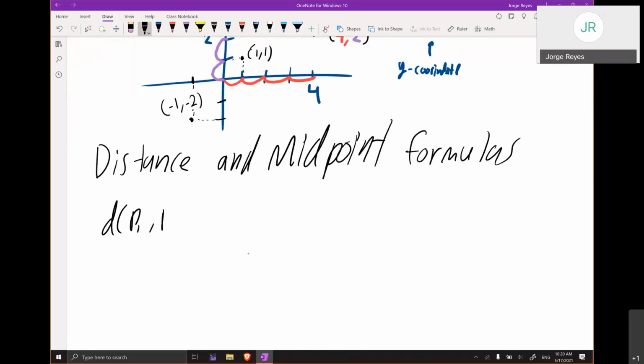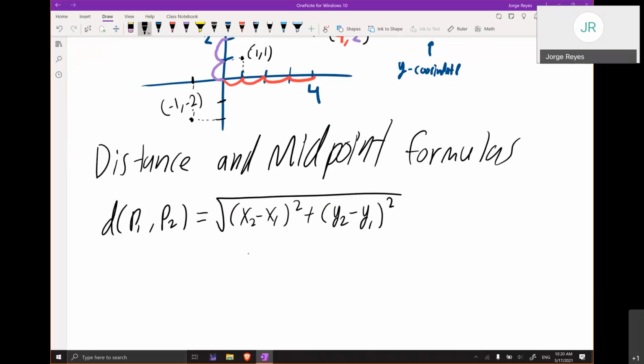So we have distance between 2 points, P1, P2, and this is in 2D, is the square root of x2 minus x1 squared plus y2 minus y1 squared. And a big deal that I want to mention is that you notice this is a number. Distance is like 5 meters, or 6 inches or whatever.